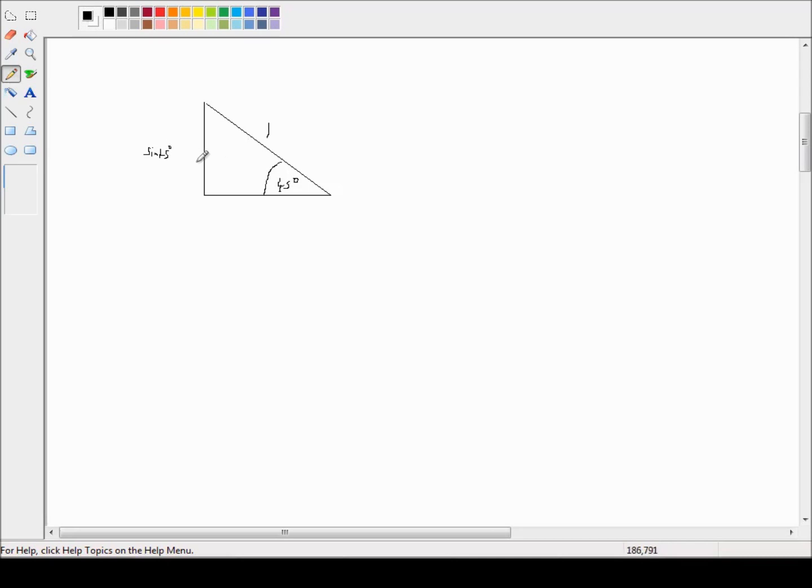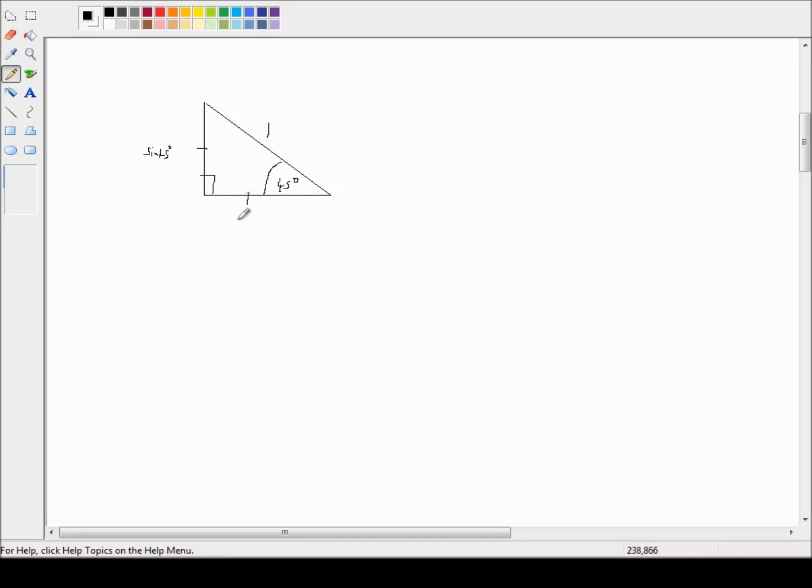Okay, so the other thing is, because it's 45 degrees, the adjacent is actually the same length as the opposite. That's the thing about a 45-degree angle. It goes up by as much as it goes across.